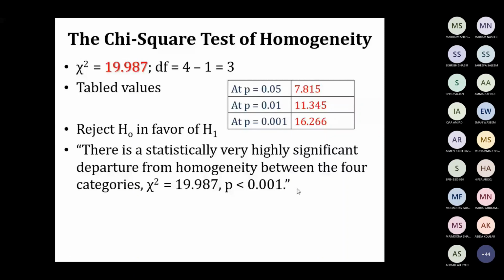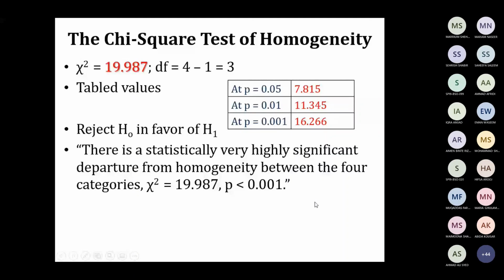So there are different ways in which you can write this result statement, but the good statement is one in which you state the maximum level of significance. You have to state that this is very highly significant, and you have to mention the p-value as well.